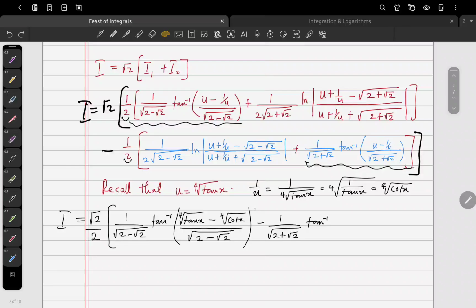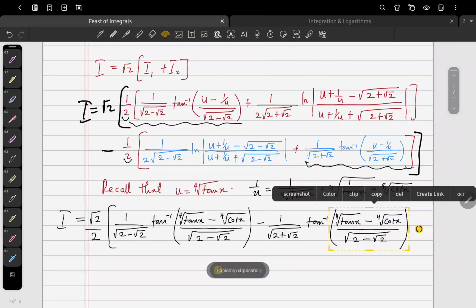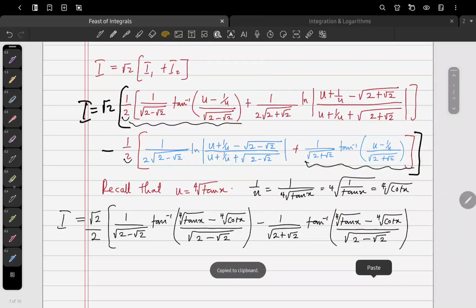Go back, copy, paste. But instead of negative in the denominator, it is going to be positive. That's the only difference. Then plus, so plus this guy now.